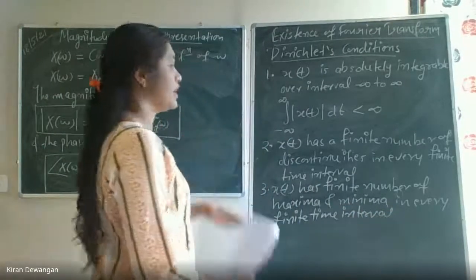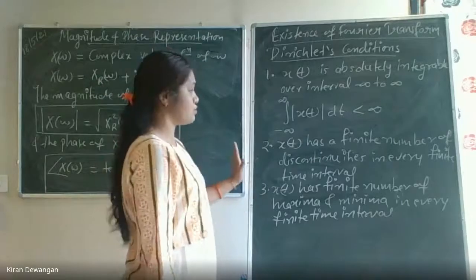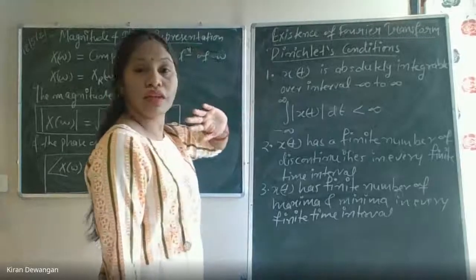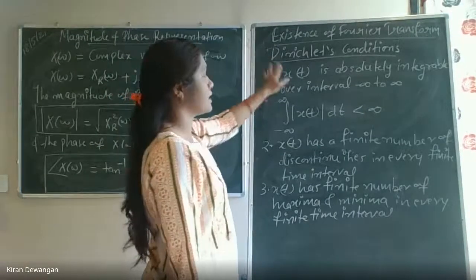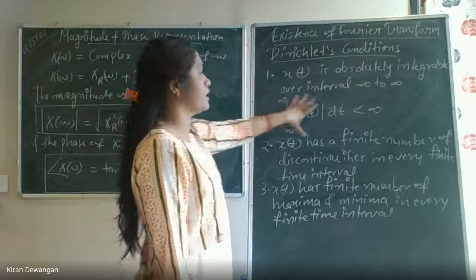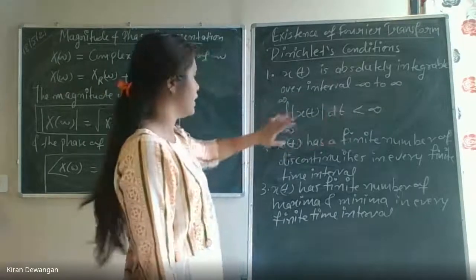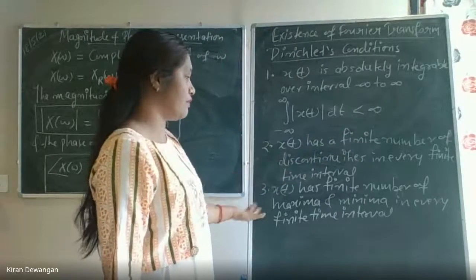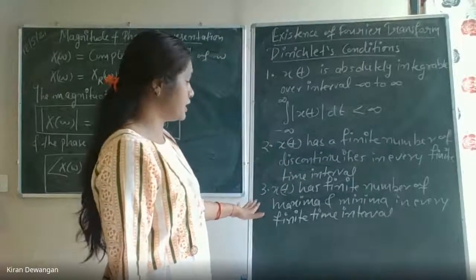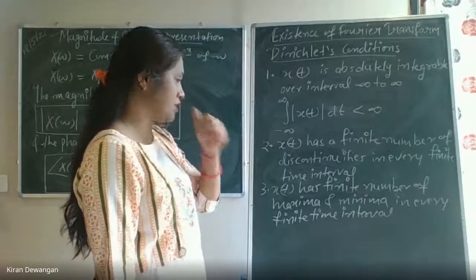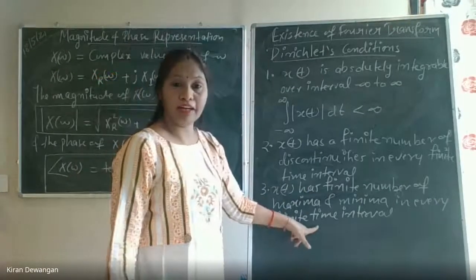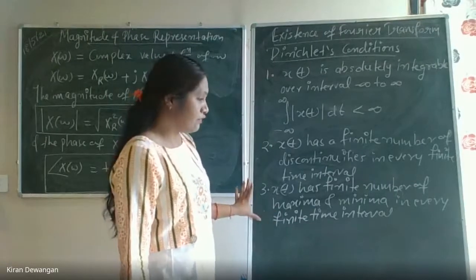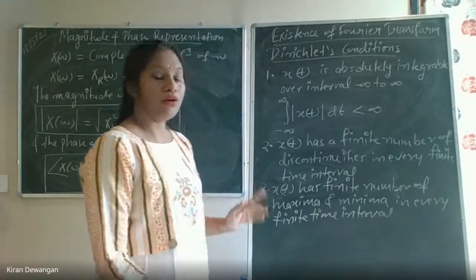So these are basically three conditions that need to be satisfied for the existence of the Fourier transform. First, x(t) should be absolutely integrable over minus infinity to infinity. Second, it should have a finite number of discontinuities in every finite interval of time. Third, x(t) has a finite number of maxima and minima in every finite time interval.